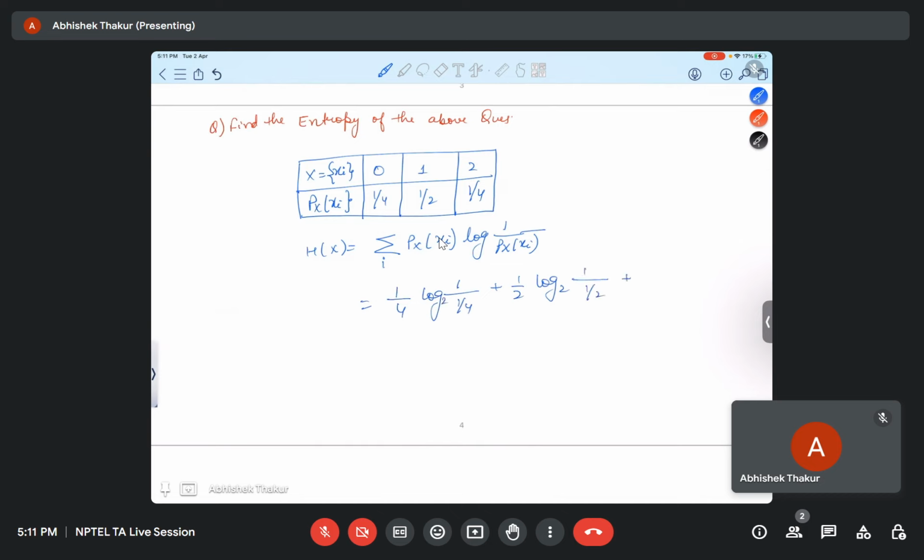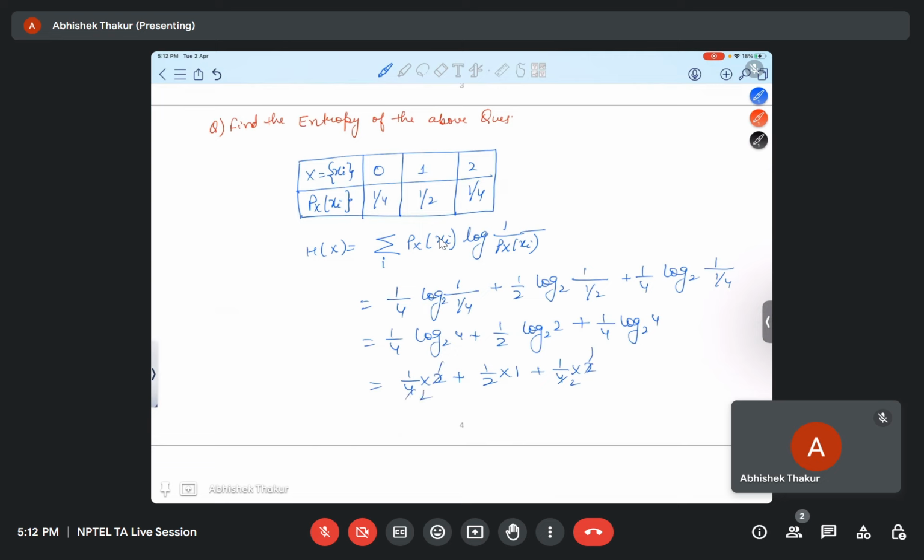So this will become 1 by 4 log base 2 of 4 plus 1 by 2 log base 2 of 2 plus 1 by 4 log base 2 of 4.